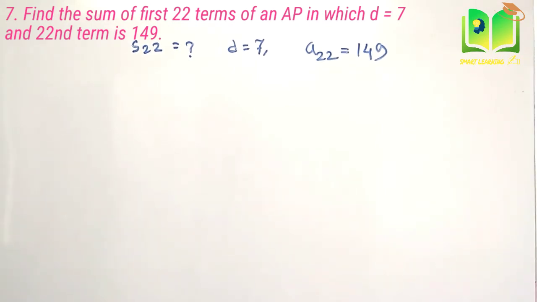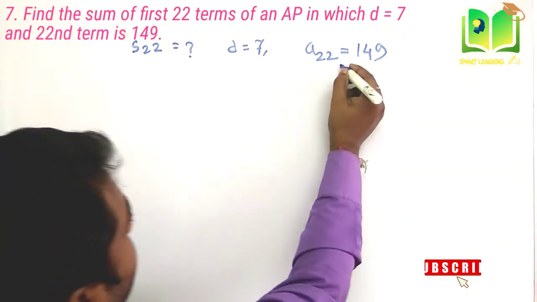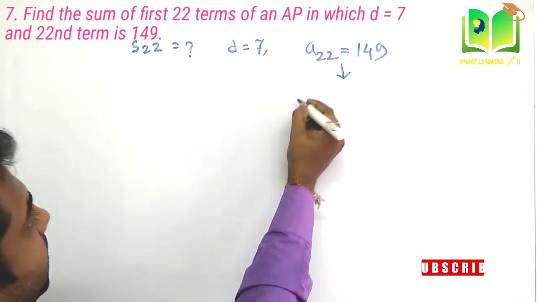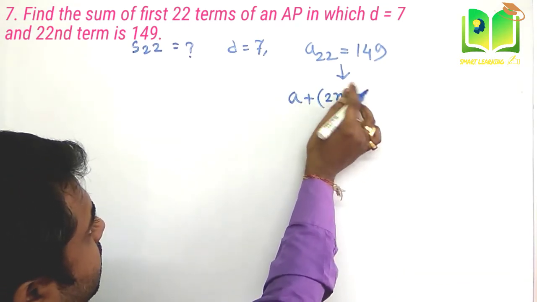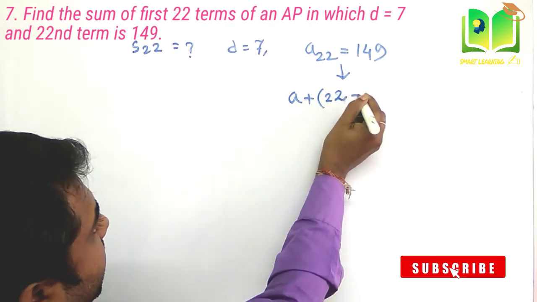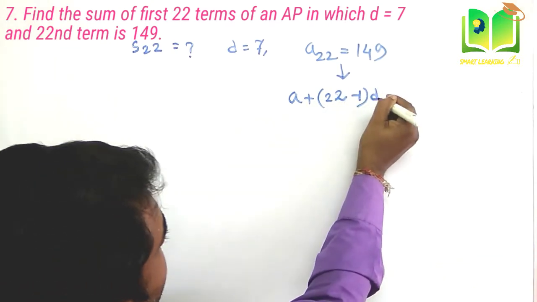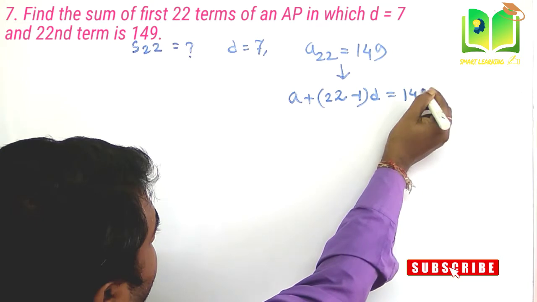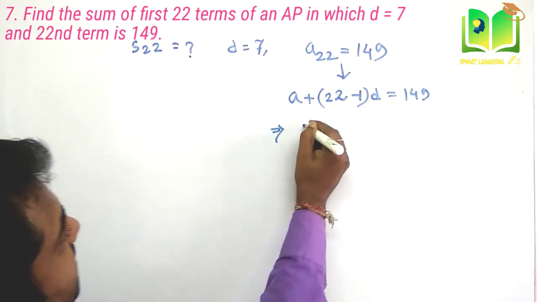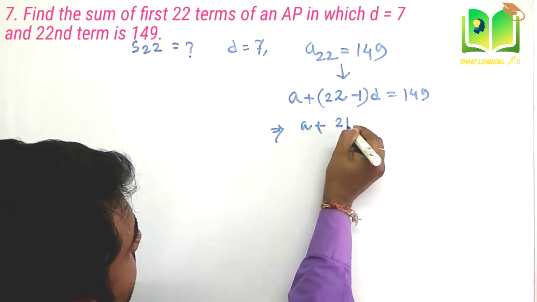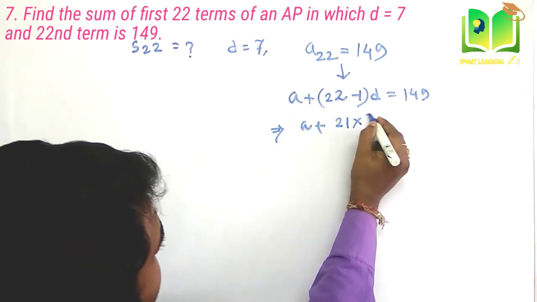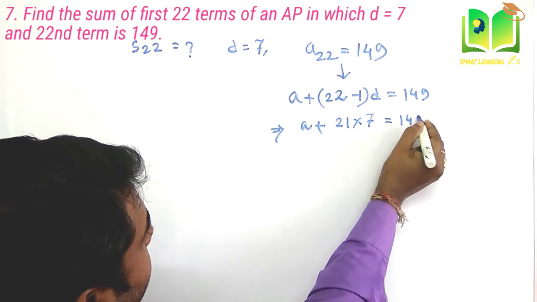Okay, so how to solve? See what is given here. From this we can write a22 means a plus (22 minus 1) into d equals 149. So this implies a plus 21, and the value of d here is 7, equals 149.